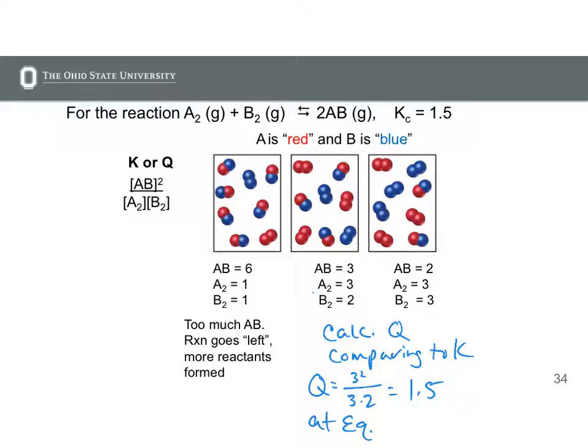All right, for the last box, we only have 2 products and 3 each of the reactants. We end up with Q equal to 0.4, which means that we have more reactants than are expected at equilibrium, so we're going to go towards the product side.